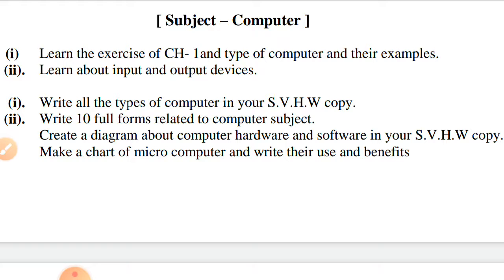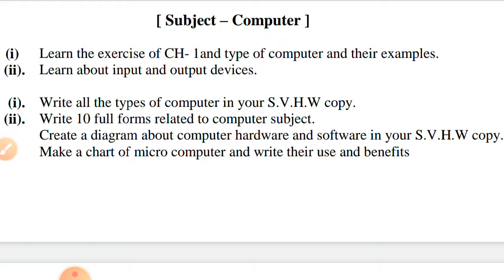And today students, we will discuss about your SPSW. Students, as you all know, in summer vacation, we got SPSW from our school.